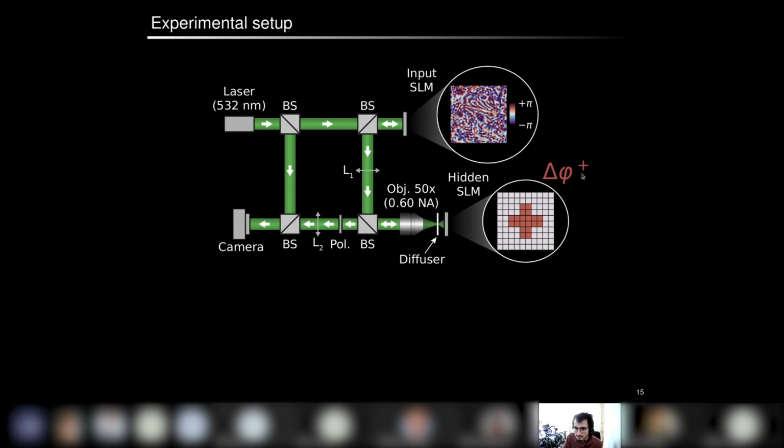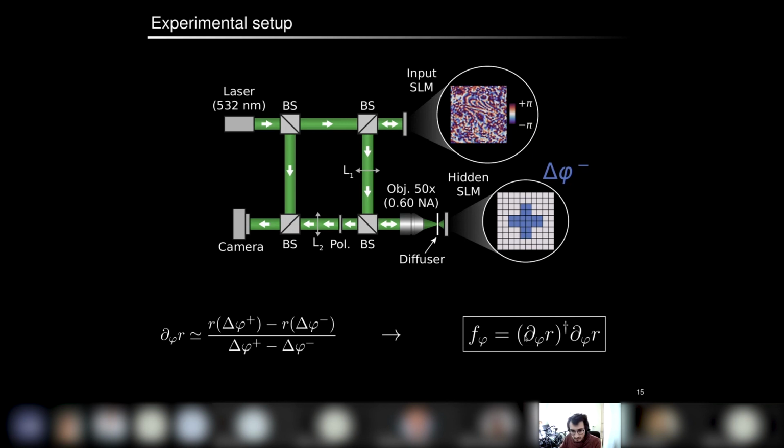Then we measure the same reflection matrix again, but for a slightly lower value of this parameter. Then we use this finite difference scheme to approximate the derivative of the reflection matrix with respect to the phase angle of the cross.